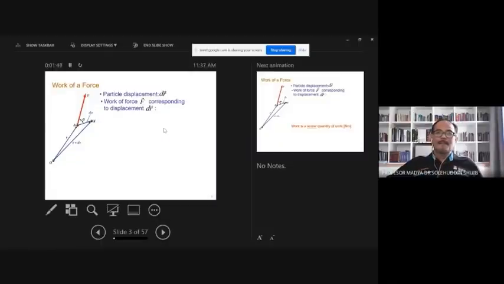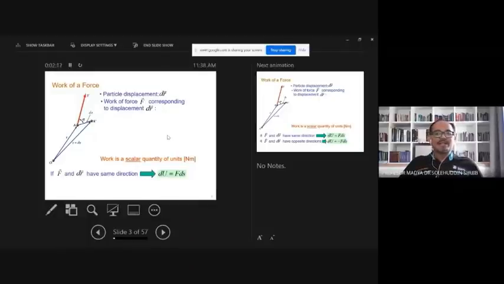So work is a scalar quantity, with units of Newton meter. Work done is force times distance. So in SI, it is in Newton meter.